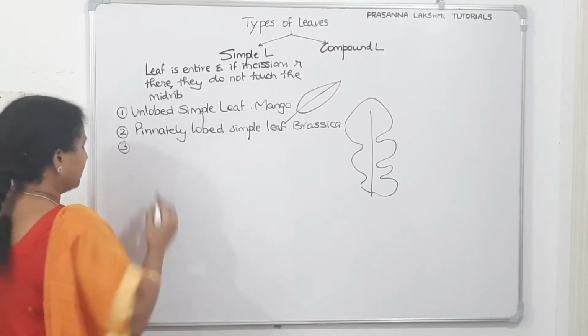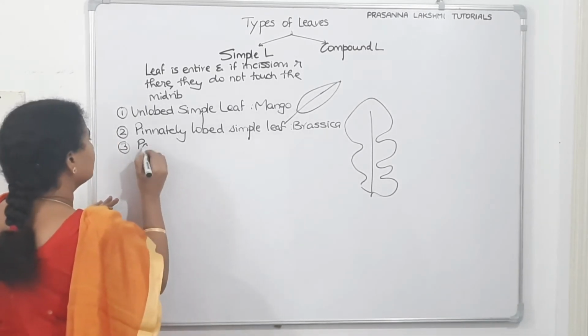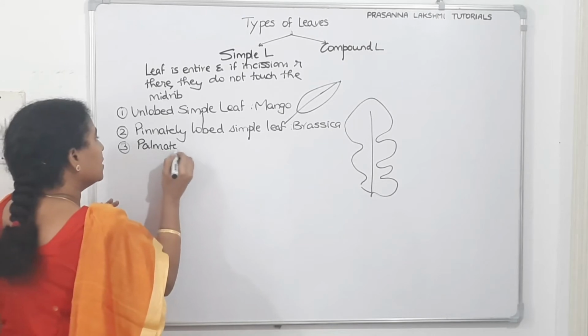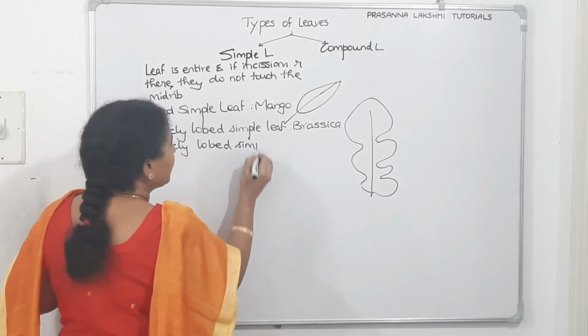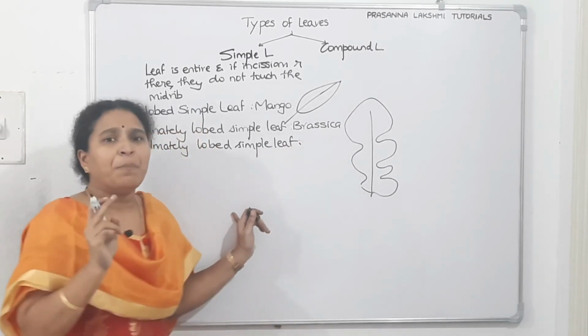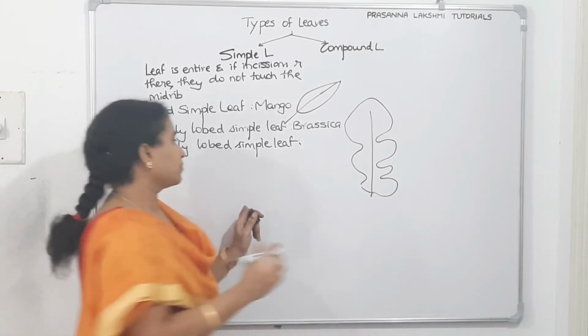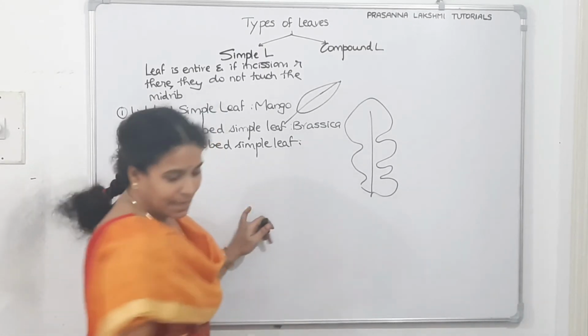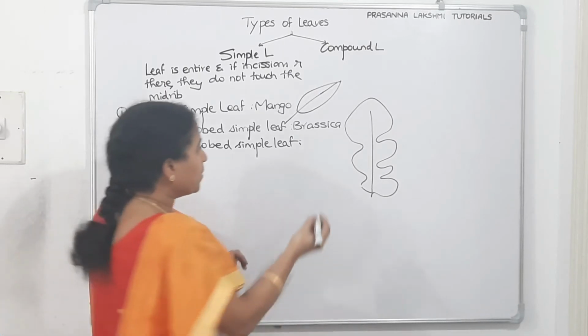And third one is palmately lobed simple leaf. Now, what is the example for palmately lobed simple leaf? Yeah, we can go with gossypium, cotton.